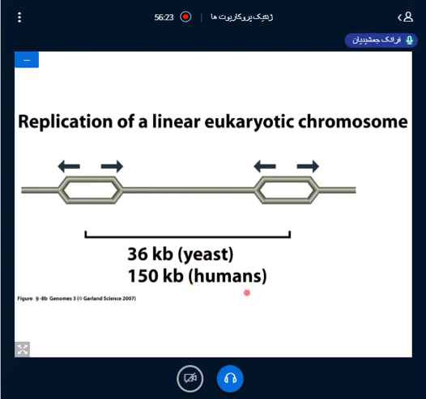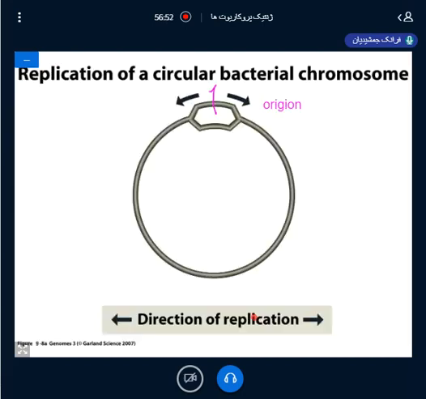If we had just one point which starts the replication, we couldn't replicate the whole genome. So in eukaryotes we have multiple origins, multiple points where replication starts, but in prokaryotes we have just one origin.